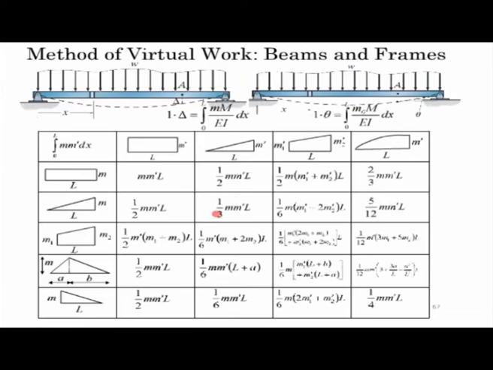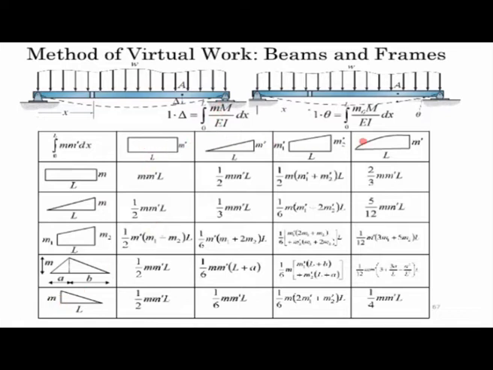Now I can show you the standard tables that are useful for calculating deflection due to the bending action. Here there are the different types of variations that you can get in the moment function. It can be constant, uniformly increasing, trapezoidal, triangular, or a reverse triangle. Here it is maximum on one side, here the maximum is on the other side.